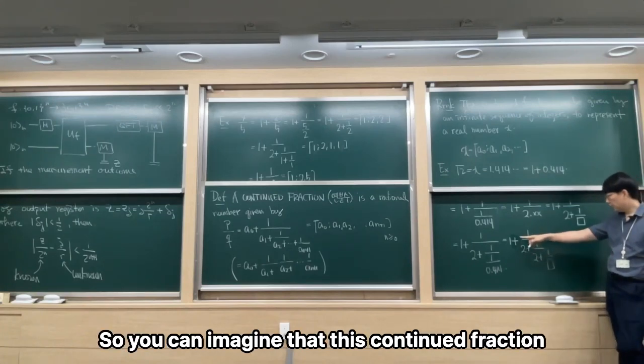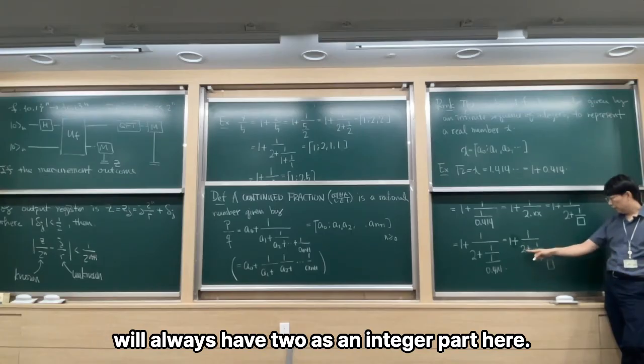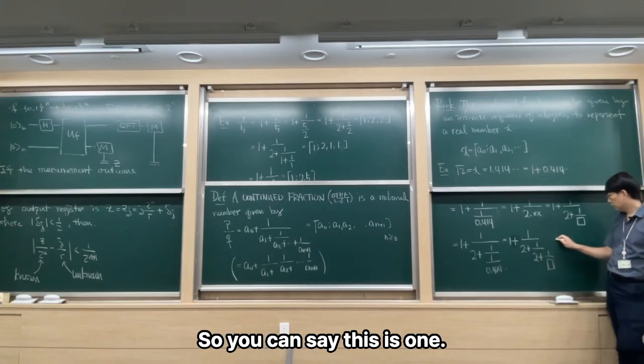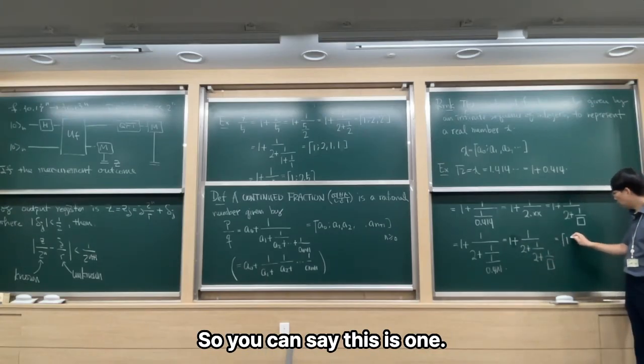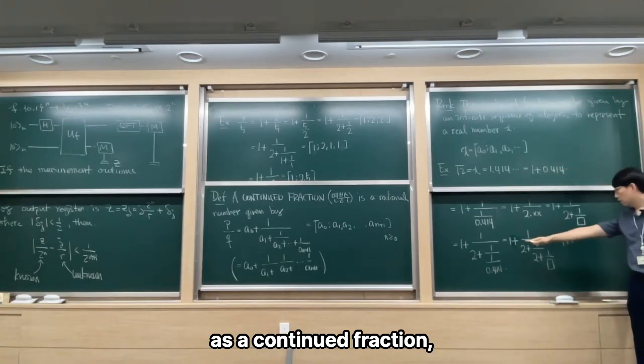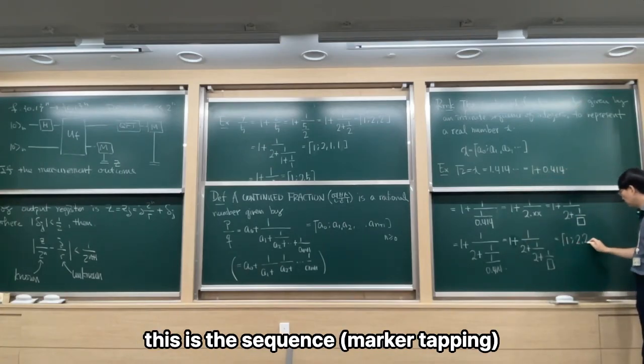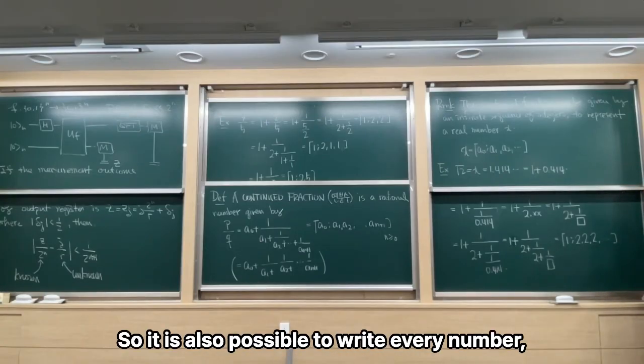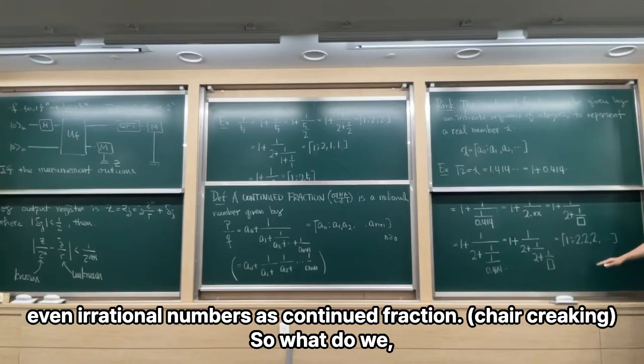So you can imagine that this continued fraction will always have 2 as an integer part here. If I have to write down square root 2 as a continued fraction, this is the sequence that goes forever. So it is also possible to write every number, even a rational number, as a continued fraction.